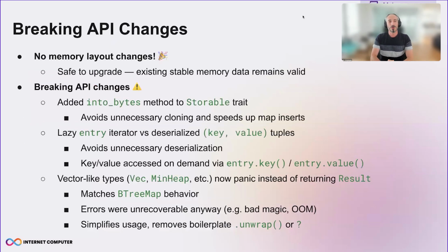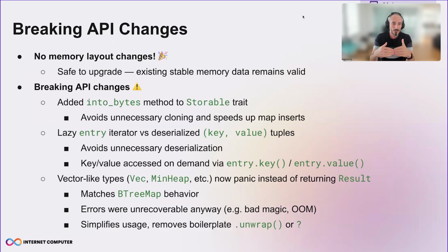With all those improvements actually came some breaking API changes. And I would like to state here that there are no memory layout changes, meaning that it's safe to upgrade. The existing stable memory data that you have in your canisters remains valid.